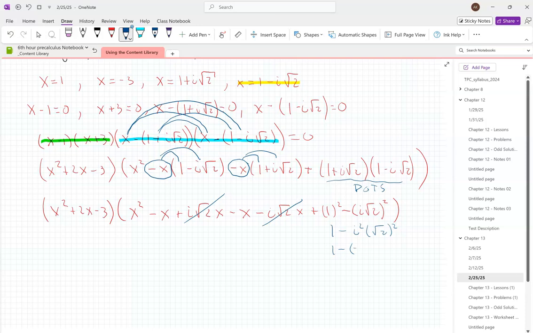Negative 1, very good. And square root of 2 squared is 2. So when I simplify 1 minus negative 1 times 2, I just get 3, right? All right. So if I combine everything else in here, I have an x squared. I have a negative x, another negative x, so that's negative 2x, and then that plus 3.